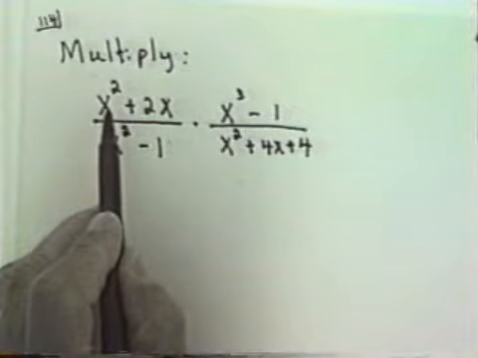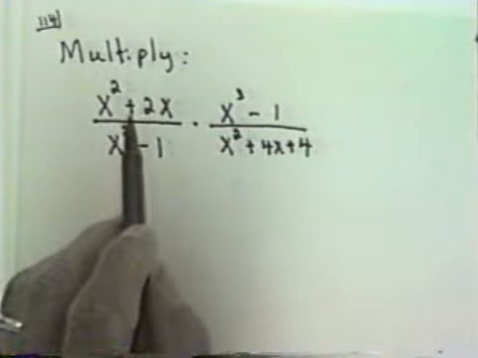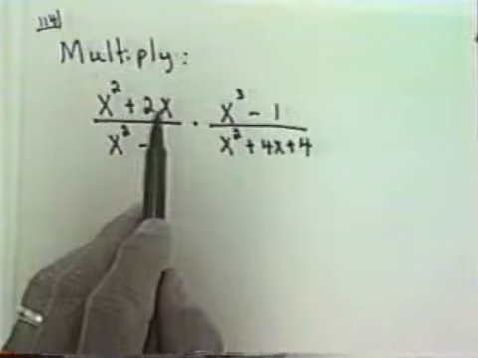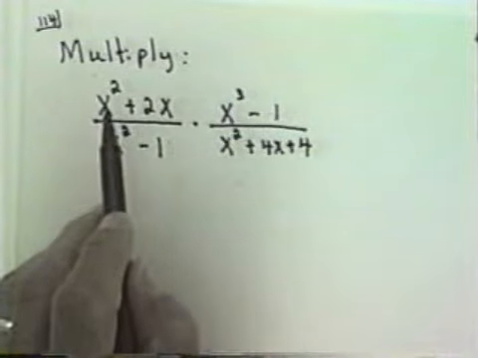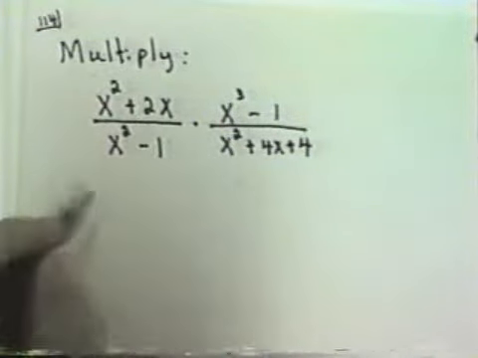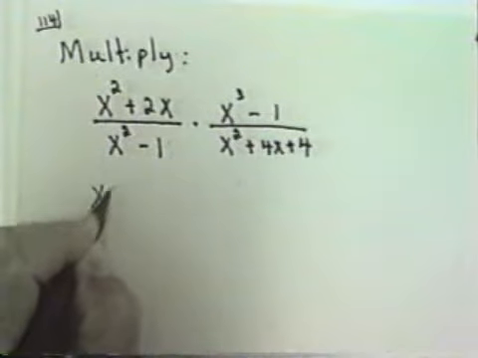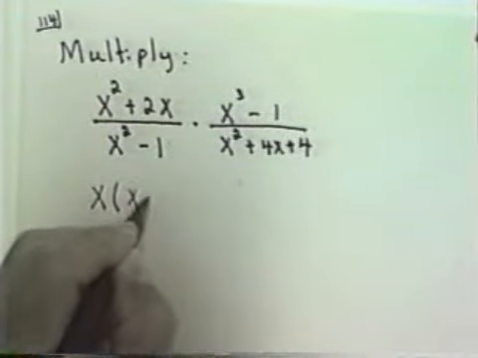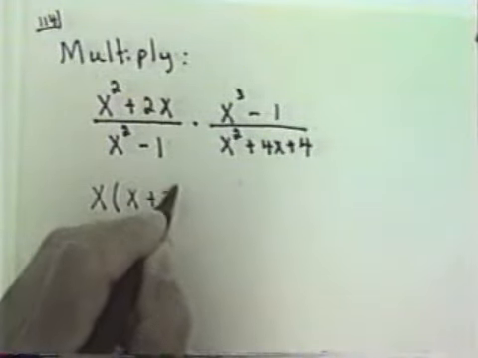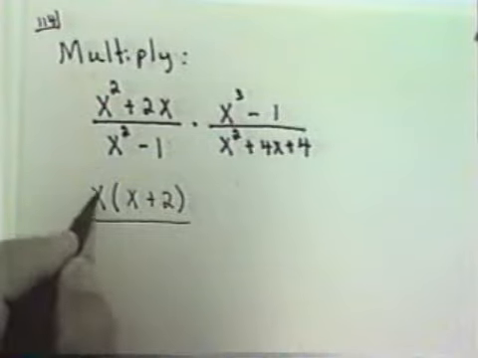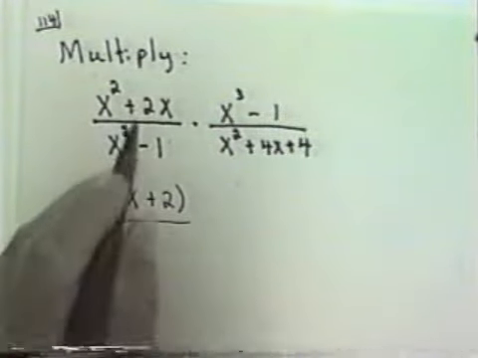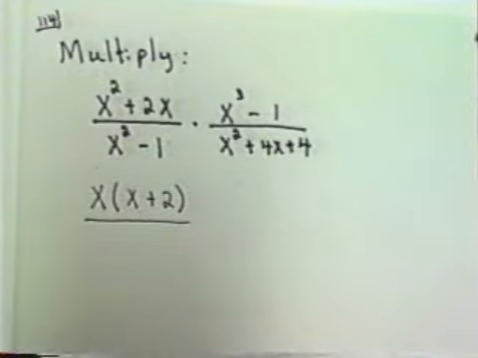I need to completely factor x squared plus 2x. The first step in complete factorization is your common factor. We have a common factor of x. So I can write it as x times x plus 2. x goes into x squared x, x goes into 2x 2.